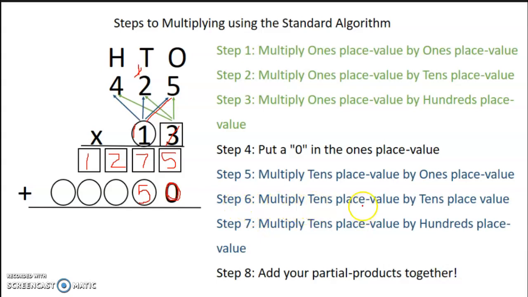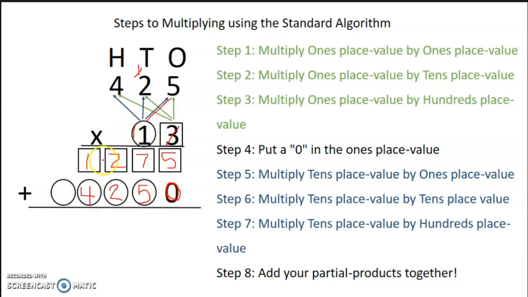Now multiply tens place value by tens place value, which is right above it. 1 times 2 is 2. Multiply tens place value by hundreds place value. 1 times 4 is 4.